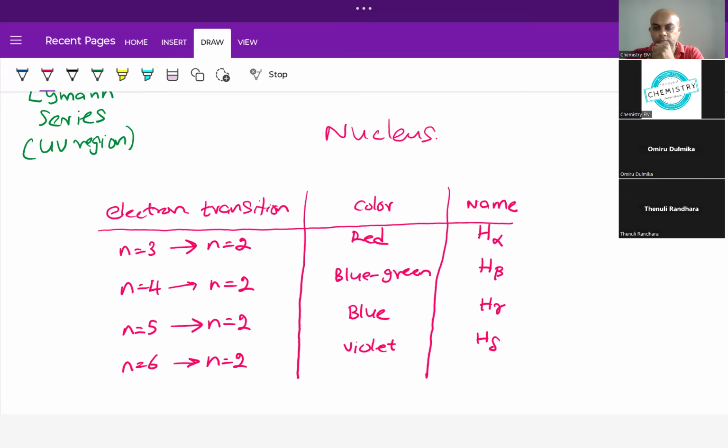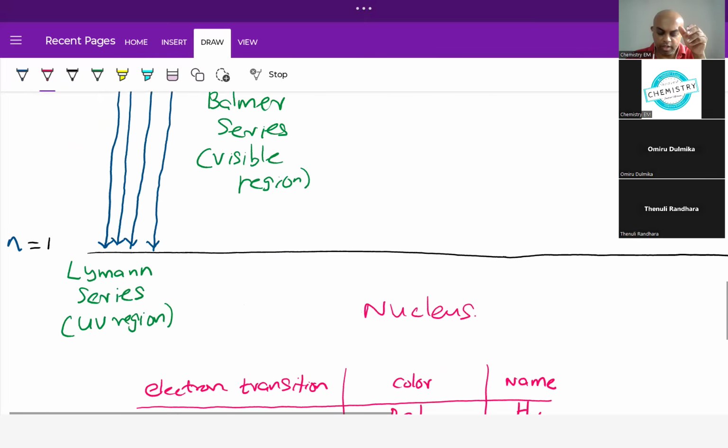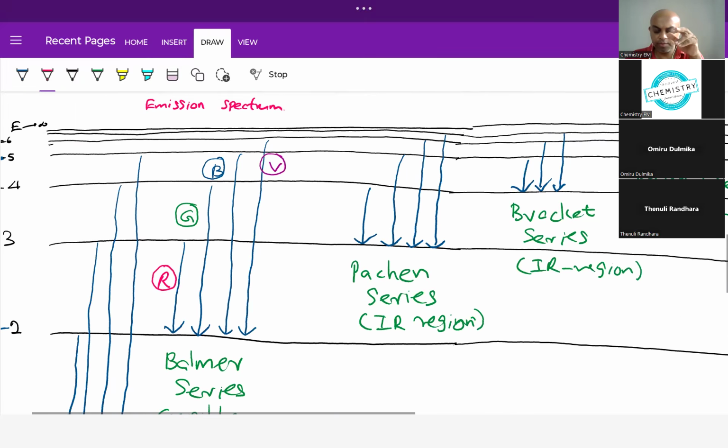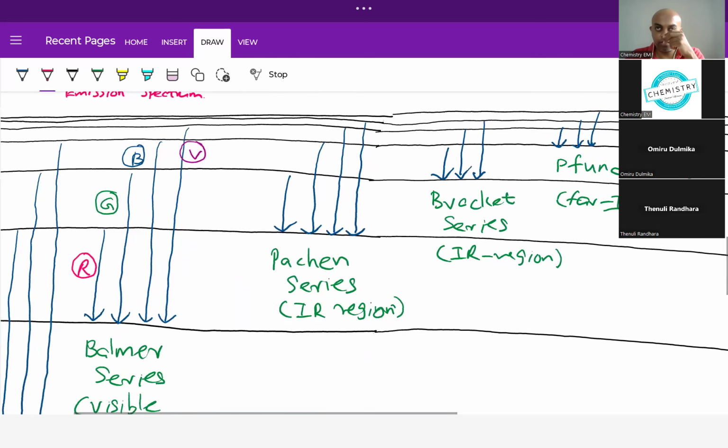Let's write down in the next line. When electrons are moving from higher energy levels to n equals 3, the Paschen series is formed.